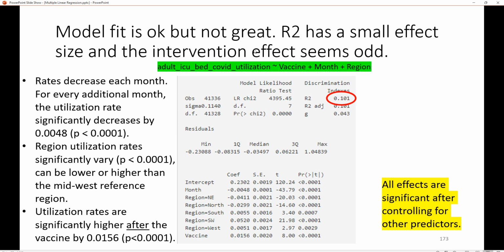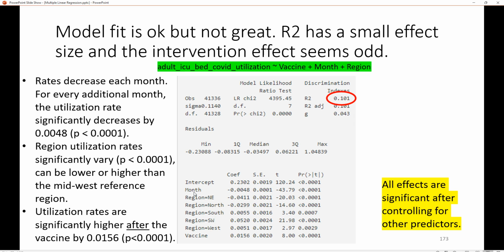R-square has a small effect size, and the intervention effect seems odd. Here's our R-square in the top right. It's 0.10.